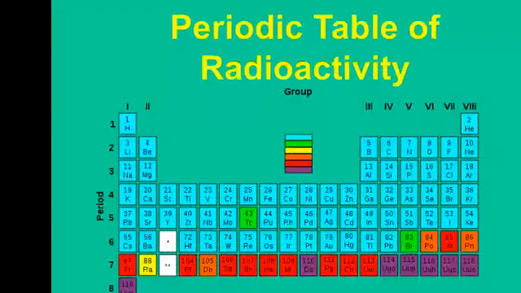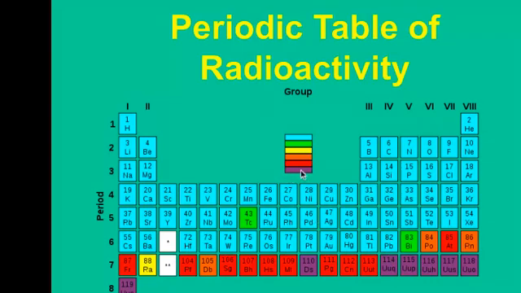So if we look here, all right, we have blue. Blue means not radioactive, okay? Most of these beginning elements you see, and then we get to 82, and then we switch over. Green's a little more radioactive. We do have one here, 43. 43 is radioactive, and then some of these down here, the lanthanides, are radioactive also.